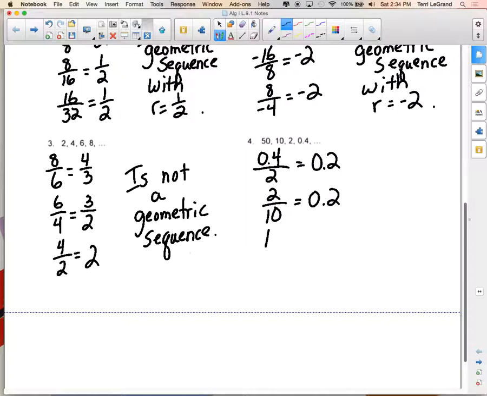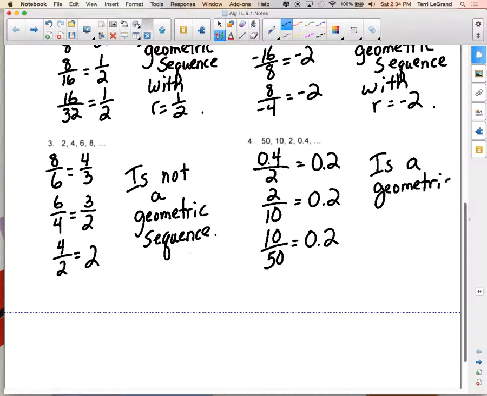If we take 10 and divide it by 50, we should get 0 and 2/10 again. So we are going to say it is a geometric sequence.